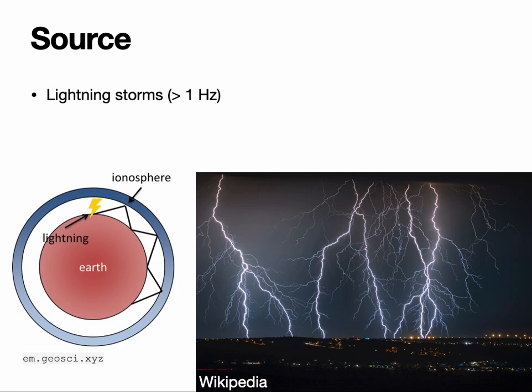The second source is lightning storms. If you have a thunderstorm, this will also trigger higher frequency waves, and these waves will be guided between the surface of the Earth and the ionosphere. They will reflect and bounce back.